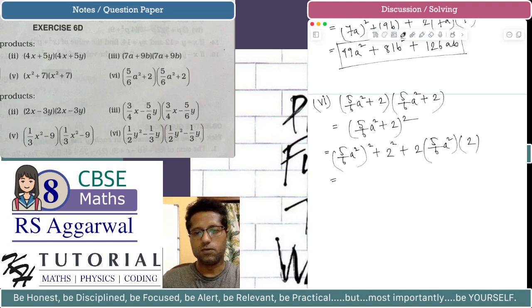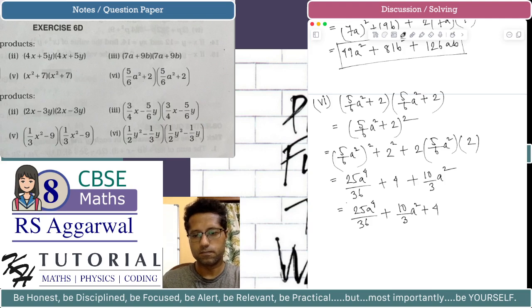So this is equal to 25a to the power 4 by 36 plus 4 plus 10 by 3 a square. So this is equal to 25a to the power 4 by 36 plus 10 by 3 a square plus 4.